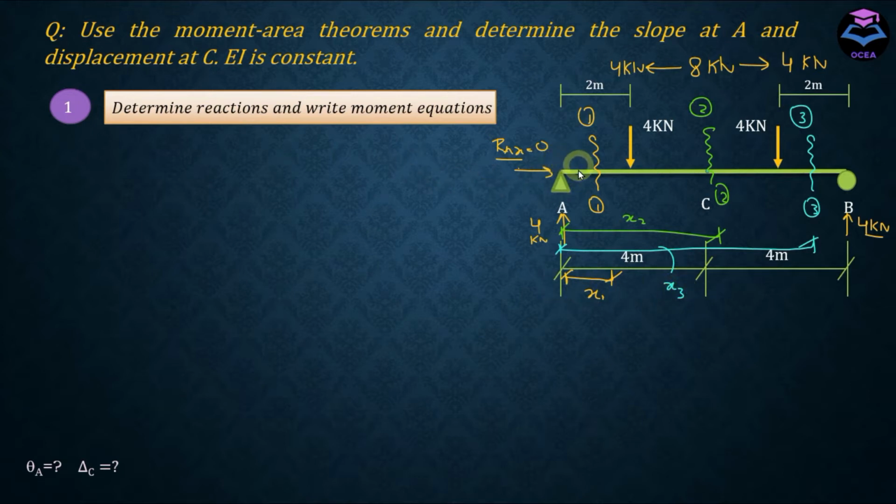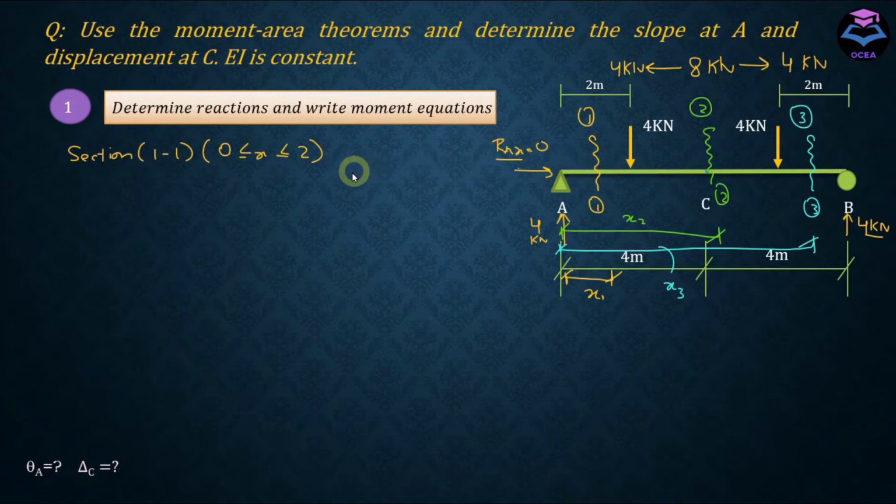Okay, to write the moment equation, separate this part of the member from the rest of the structure. So section 1-1 starts from 0, x is greater than or equal to 0, and x is less than or equal to 2. This section would help you draw the moment diagram from point A to this point load.